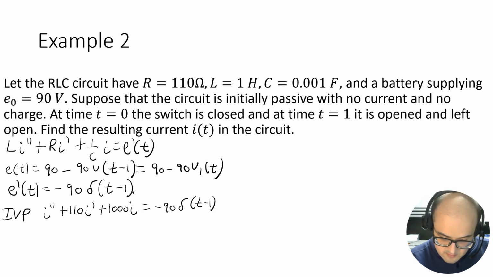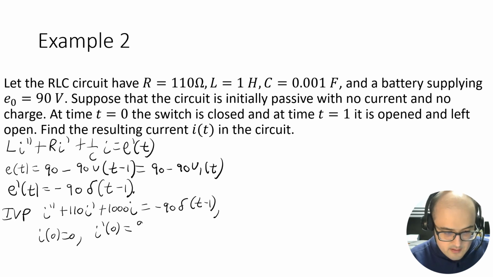This is with I of 0 being 0, and I prime of 0 equal to 90.